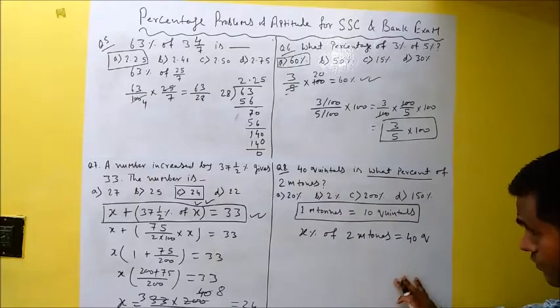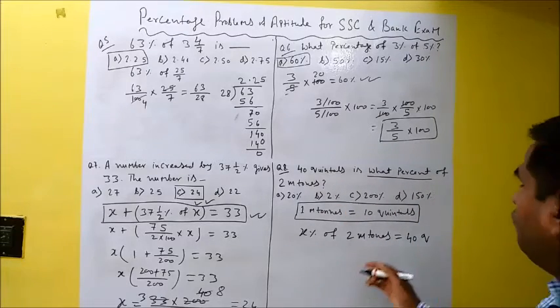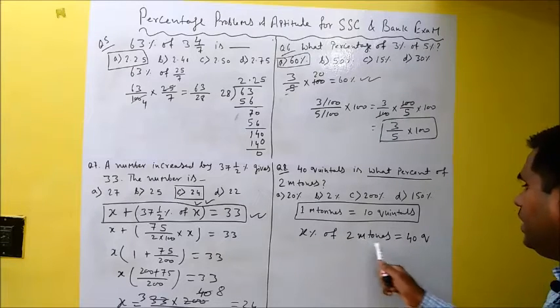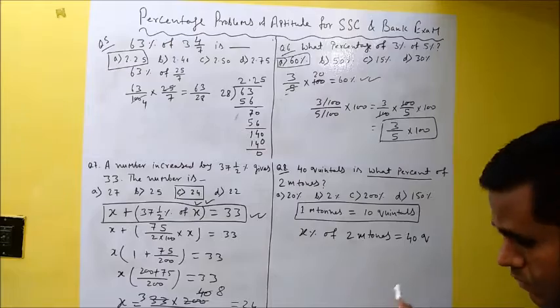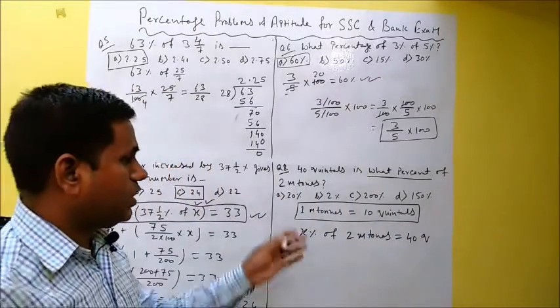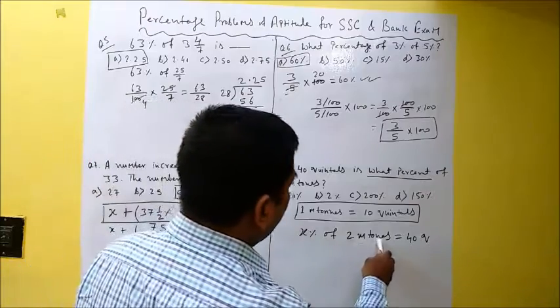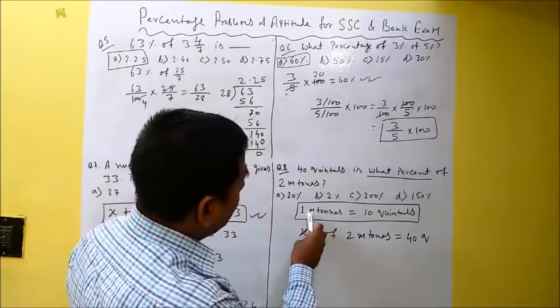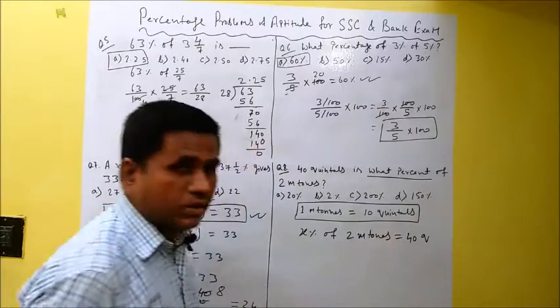Now, before solving this, we will convert the unit. We'll make it the same. Since these are different units, if you solve this, the answer won't come. So 2 metric tons and 40 quintals, which is easy to convert? You can see here 1 metric ton is equal to 10 quintals.